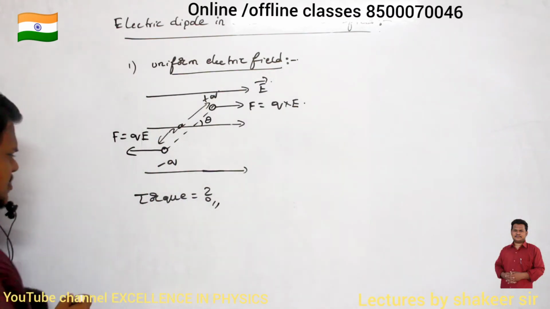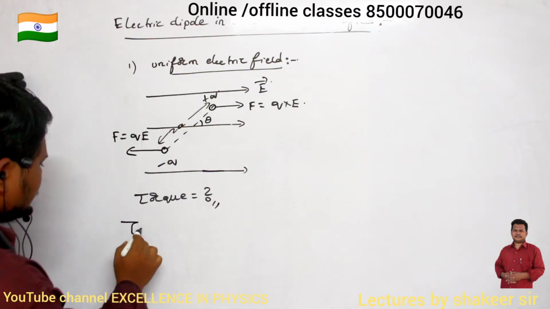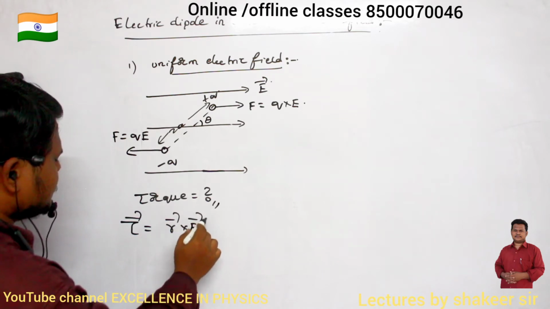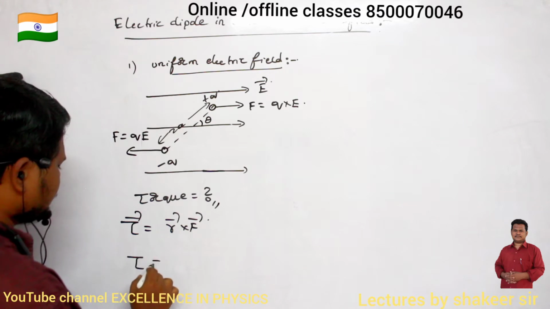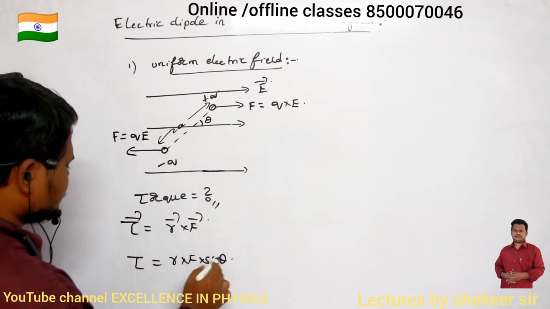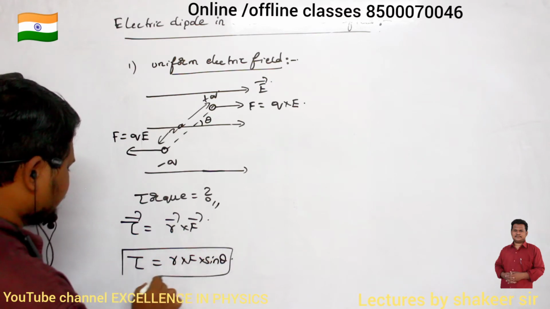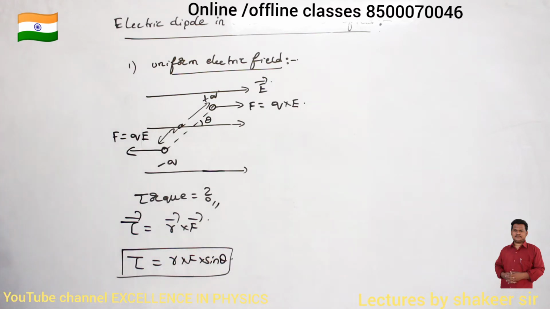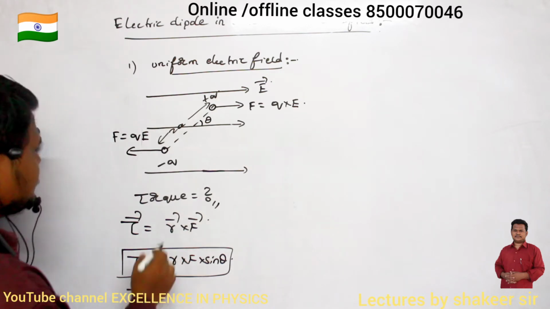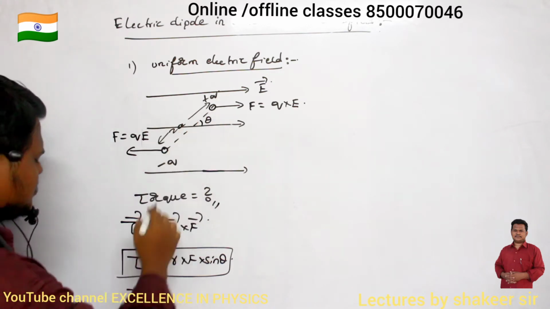Now, can you say what is the formula of torque? Torque vector tau can be written as r vector cross F vector. Similarly, in scalar form, tau can be written as r into F into sine theta. This is the formula of tau. So tau can be written as: what is the distance between these two charges? 2a.